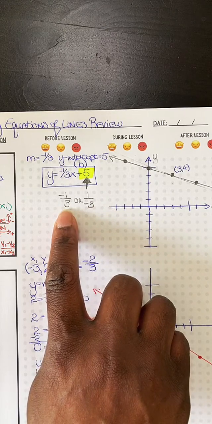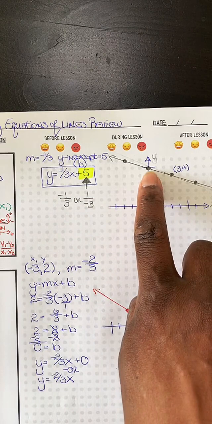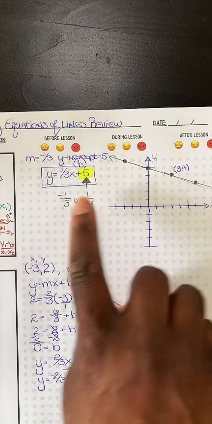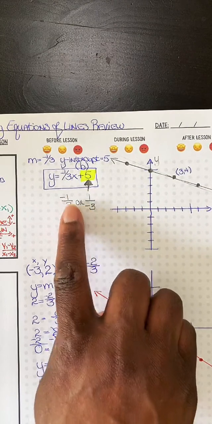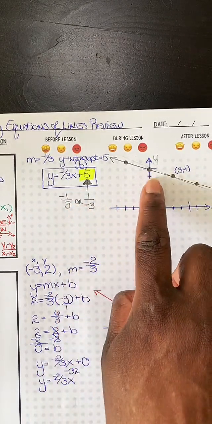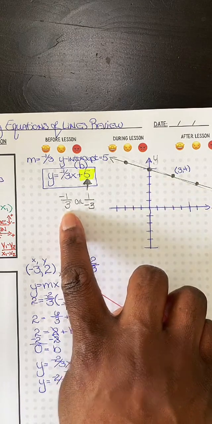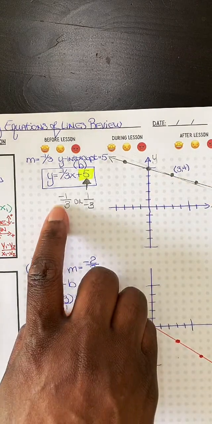Taking negative 1 over 3, at my starting point I would go down 1, because your numerator is your rise, your up or down. Since it's negative, you're going down. So we will go down 1. And since it was a positive 3, you would go to the right 3, okay?